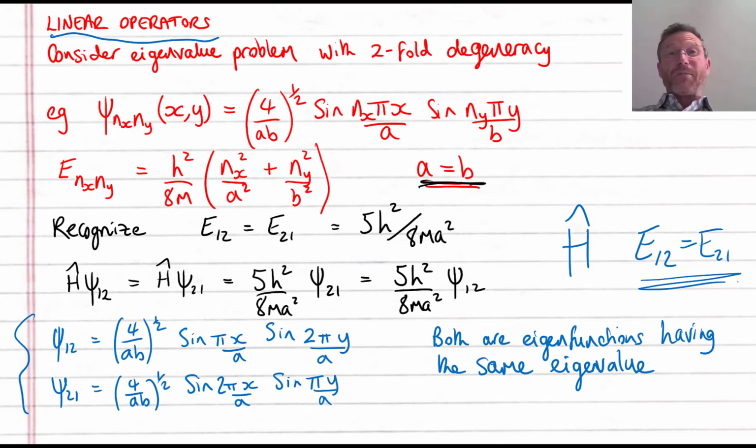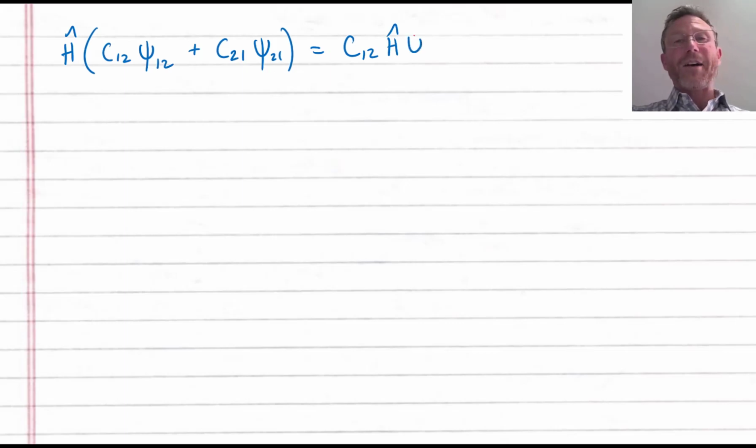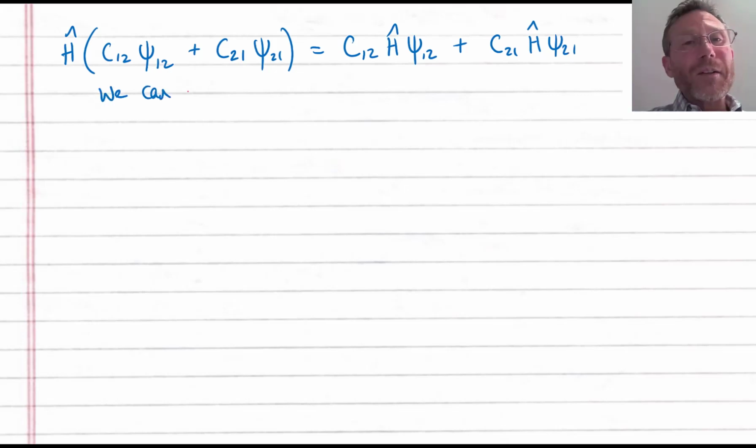Let me write that in more general terms. In general terms, h hat acting on C12 psi 12 plus C21 psi 21, which is really what I was trying to describe in the previous slide, is equal to C12 h hat psi 12 plus C21 h hat psi 21. We can do this because h hat is a linear operator.